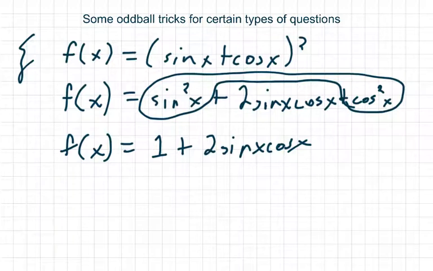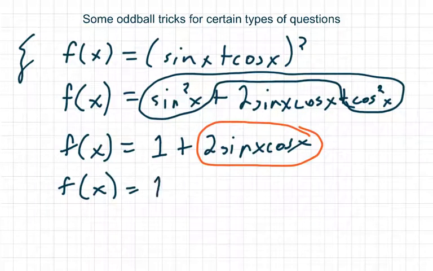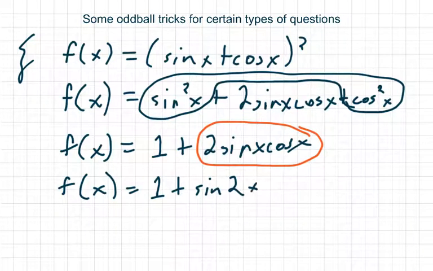I'm still thinking substitution because that's what we're talking about, but again, I see an identity this time. So if I can use an identity to simplify this, I will, and not have to do substitution. So 1 plus sine of 2x, and you can see now we don't have to use any substitution because we can just do the integral of this itself, right?